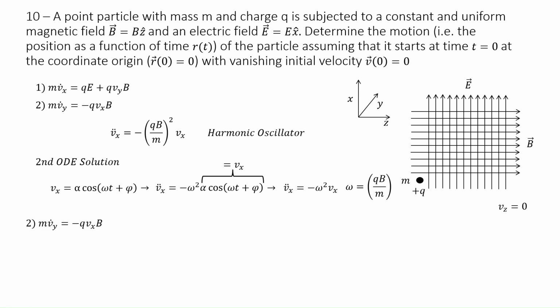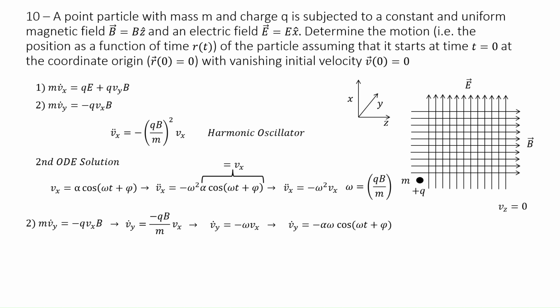Now, if we look at our second equation, we can rearrange this to find v dot y. This equals minus qB over m vx, and you'll notice that this is just minus omega vx.